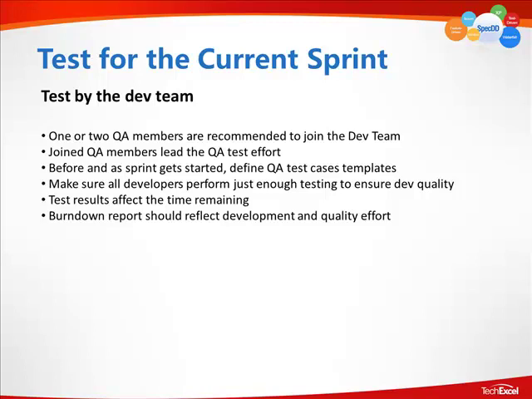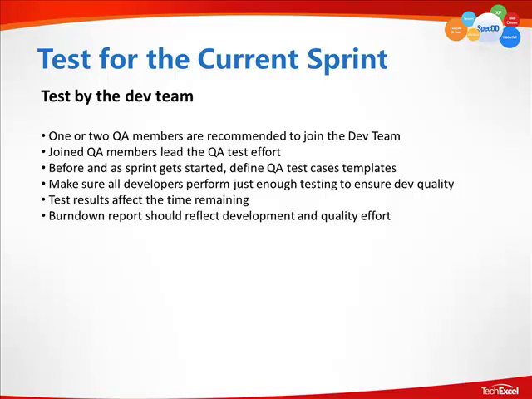So that's the testing within the current sprint. And we want to make sure all these developers perform enough testing to ensure development quality. Now, these test results may affect the time remaining because they may increase a developer's time spent on a particular task.